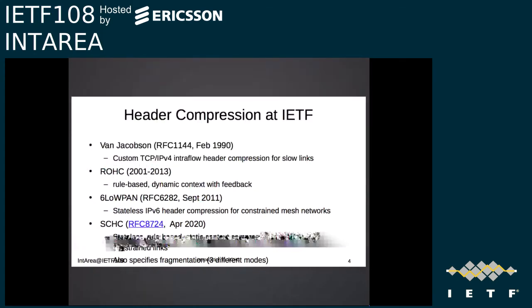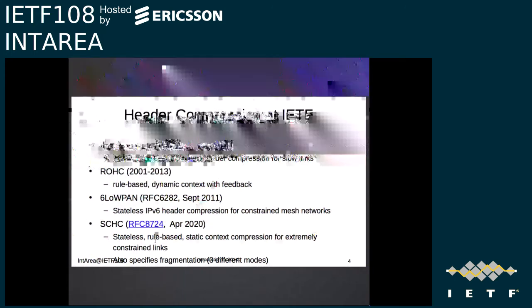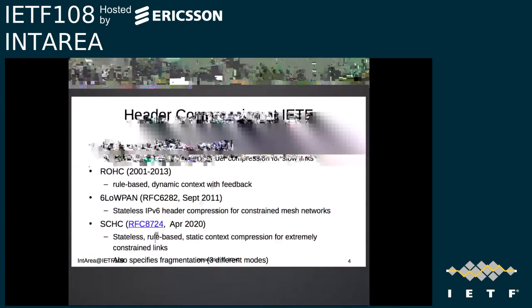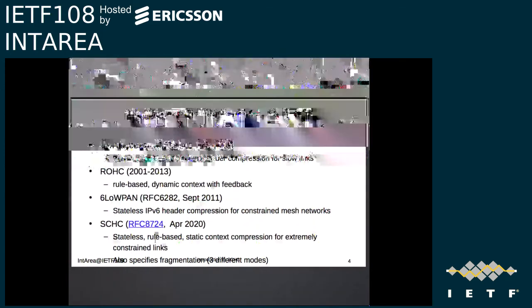Okay, sure. So I'll just make a summary of what Dominic said before: we are working on LPWAN networks, and LPWAN networks are very low-power networks with a lot of constraints. That's why we had to develop a new compression mechanism used for these LPWAN networks.